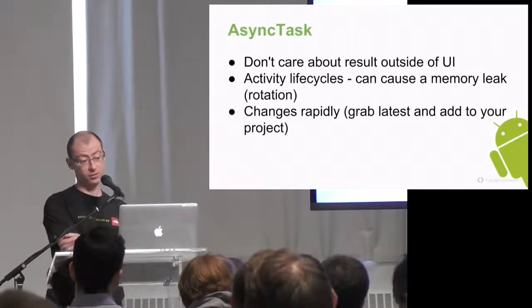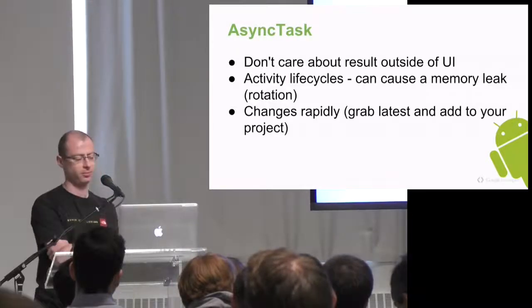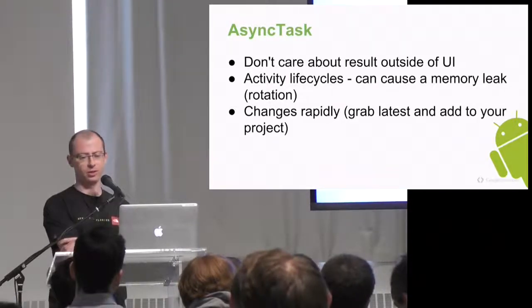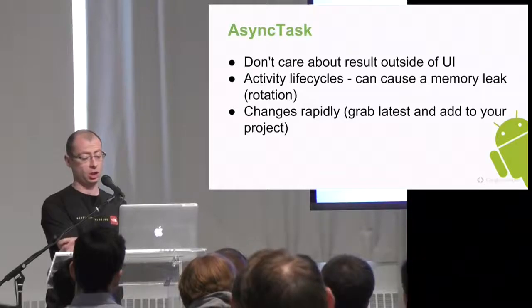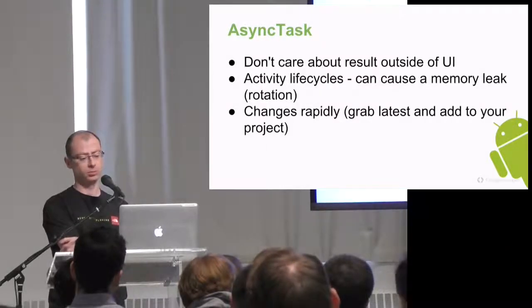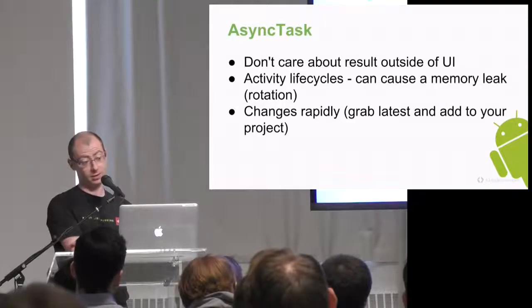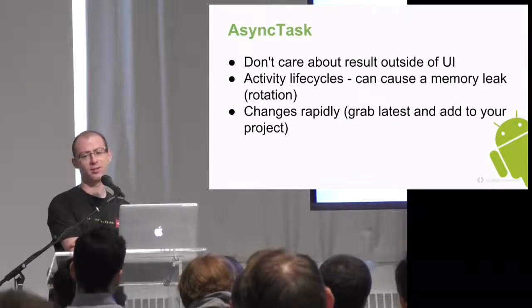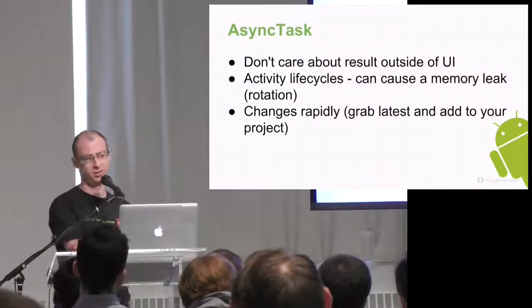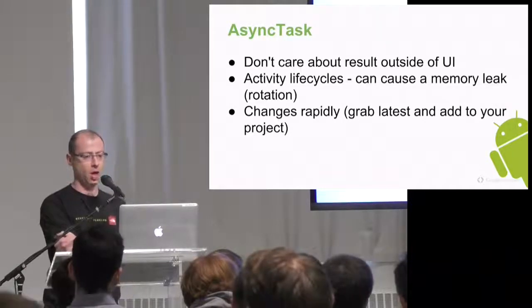However, please note, even though async task is relatively easy, it has some dark corners. Activity lifecycle, especially during rotation, please make sure that you close and dismiss it. Otherwise, it could cause a memory leak. And as we have seen on our first bullet, memory leaks are not fun, especially around activities.